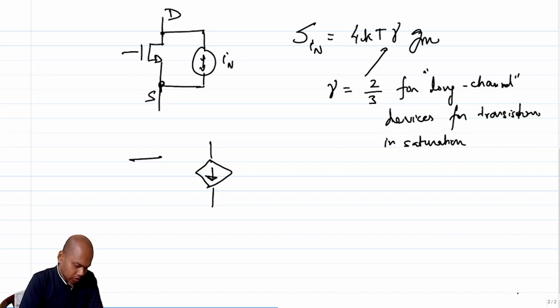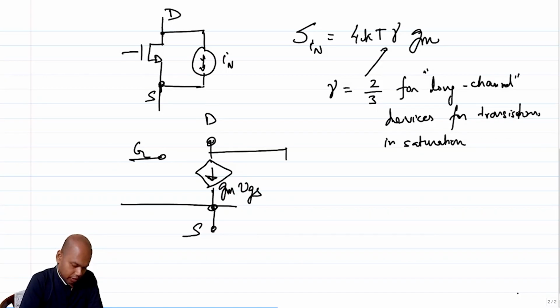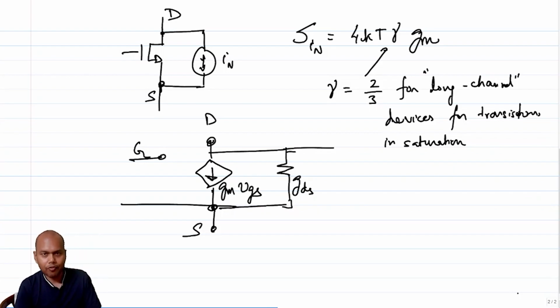So you have gate, you have source, you have drain. This is Gm times VGS. If you consider channel length modulation, you are going to have a GDS or an RDS. And if you consider the body effect, you are again going to have GMB, which I'm sure you have encountered in analog circuit courses, but we are neglecting the GMB term so far.